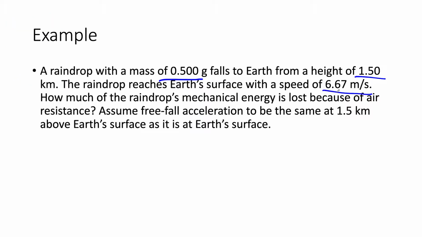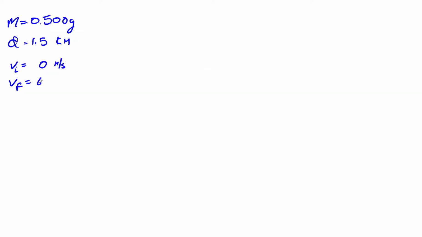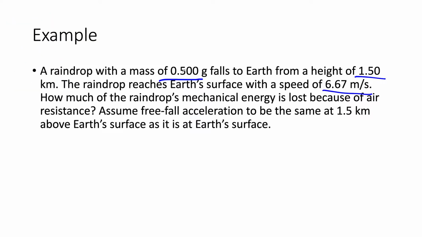We need it in meters, so that has to be converted. Initial velocity is going to be 0 meters per second. The final velocity is 6.67. Anything else? Let's take a look. Mass, velocity.